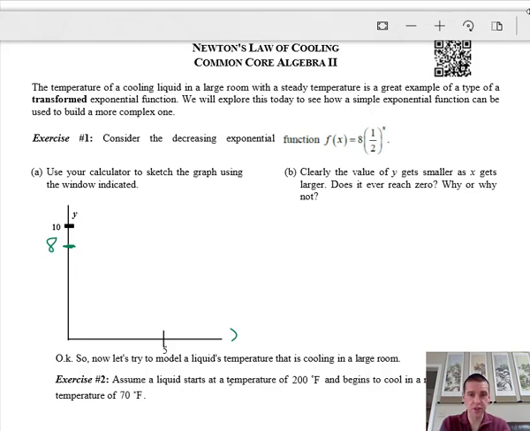So we have our initial value of 8, and we know that we're decreasing by about 50%. So if we think about it, if we have our table here, x, y, our 0, our initial value is 8, 1 is 4, 2 is 2, 3 is 1, 4 is 1/2, 5 is 1/4. So we're basically at 0. So if we think about it, it's going to look like this.